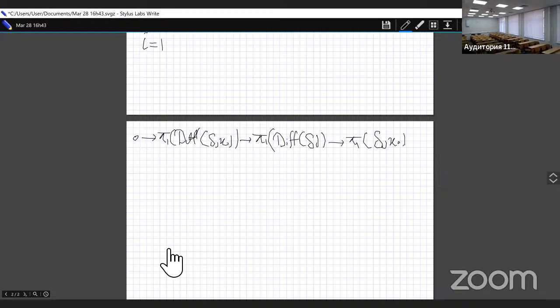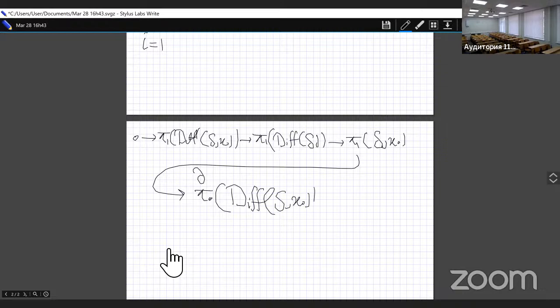So to prove that this map is injective, I mean, one way is to show that this boundary map is injective.